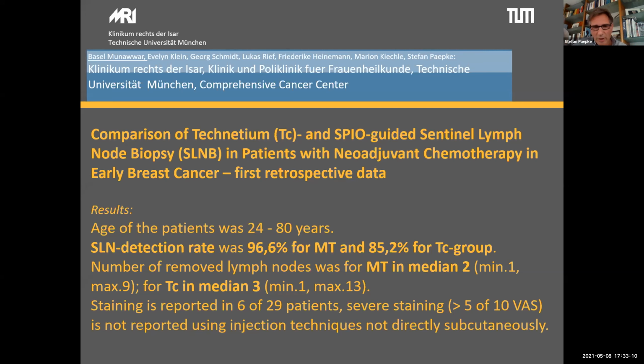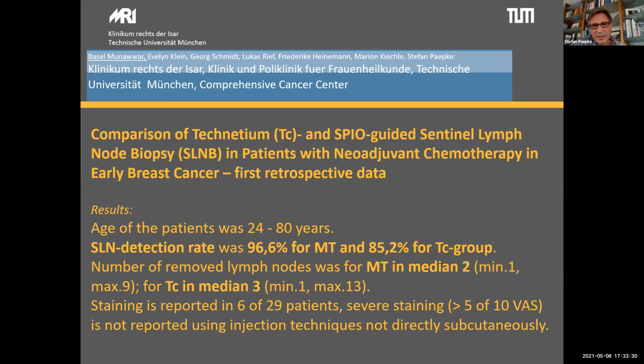What is also coming from the literature, I'm very focused to see what is regarding staining. And what we have seen is staining was reported in 6 of the 29 patients with Magtrace.